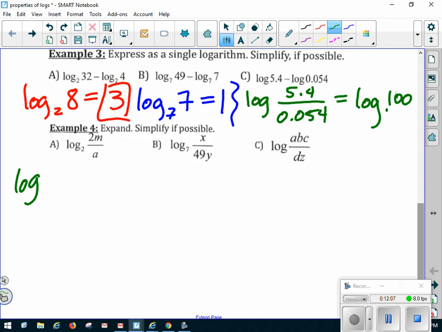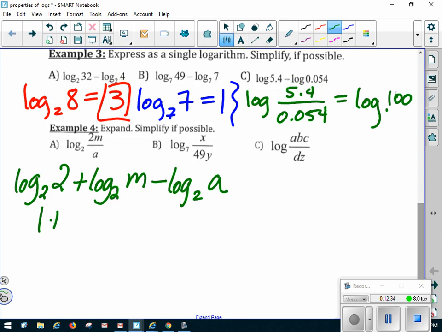So can we start it this way? Log base 2 of 2 plus log base 2 of m minus log base 2 of a. Good. Any simplifying? What's log base 2 of 2? 1. So this is 1 plus.